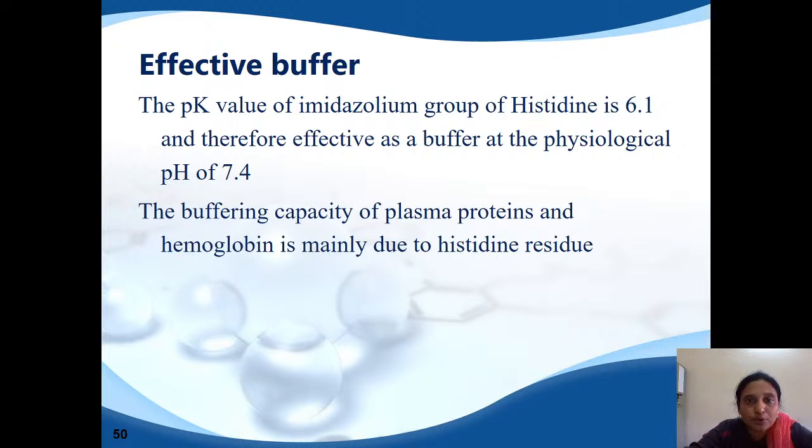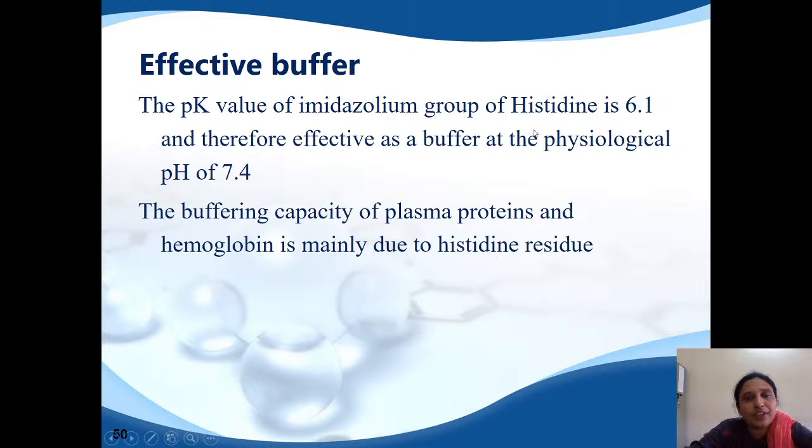The buffering activity of hemoglobin is mainly because of the presence of histidine. One amino acid, the basic amino acid histidine, is responsible for the buffering activity of the protein. For example, hemoglobin acts as a buffer because it has a large number of histidine residues.